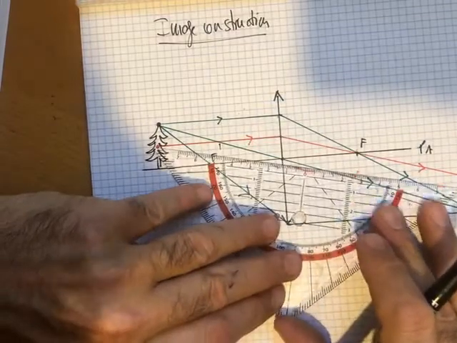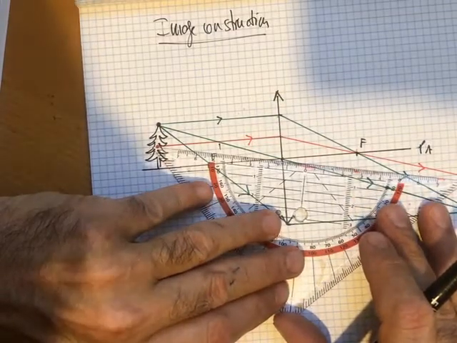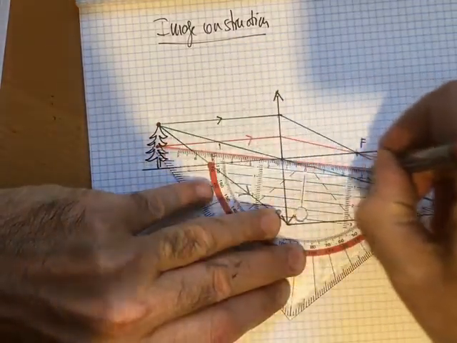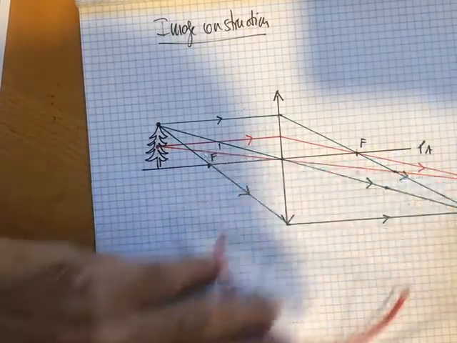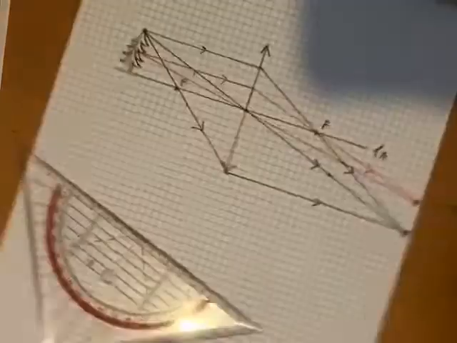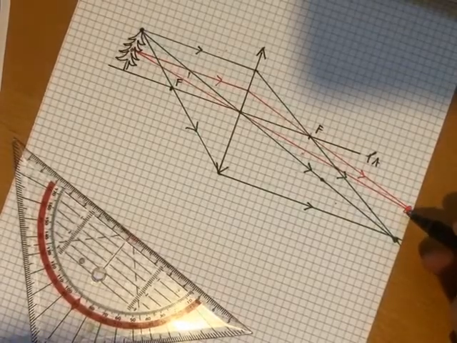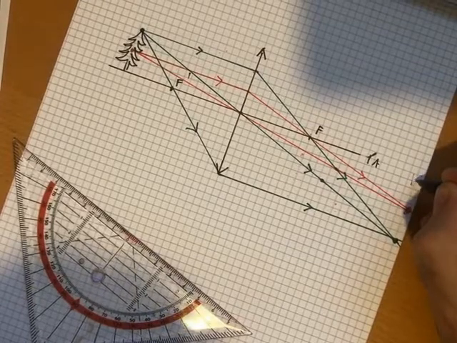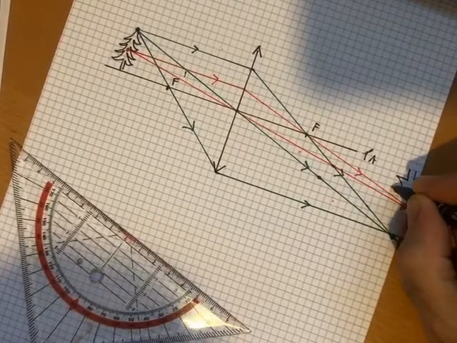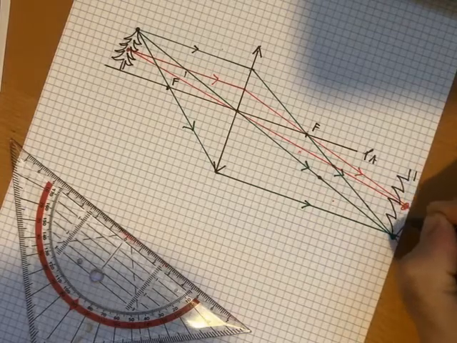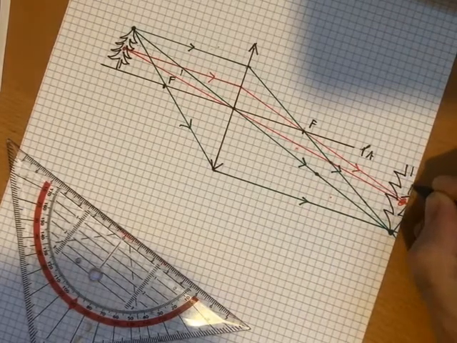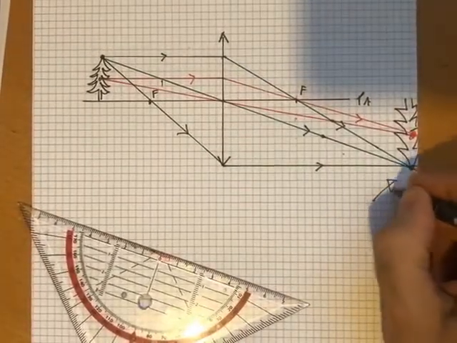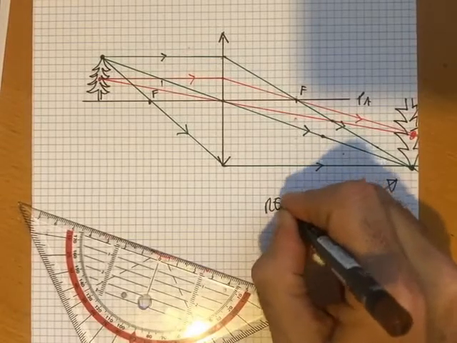And then we have a second remarkable light ray which is going through the center of the lens, and it's here. And you see that these 2 rays meet here. So the image of the tree in the end is going to be down here. It's going to be a bit bigger, and it's going to be inverted. This is what we call a real image.